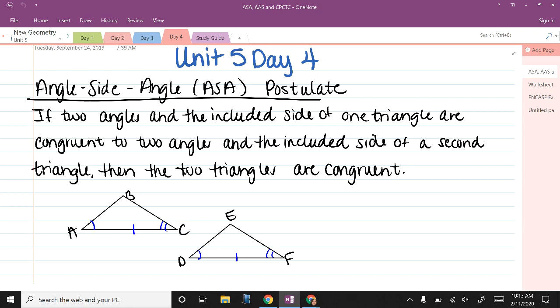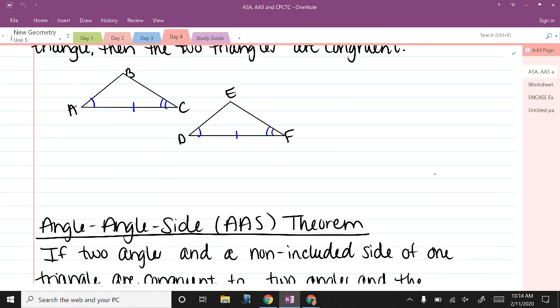Okay, so remember, included means between them. All right, so a side is sandwiched between two angles. All right, y'all with me? Okay, so that is angle, side, angle. So we can say that two triangles are congruent if two angles are congruent and the side between them.